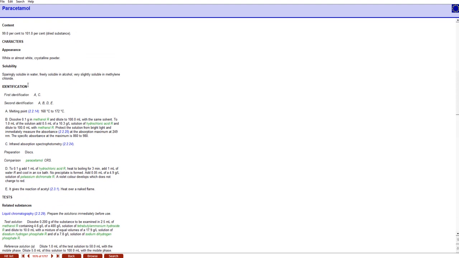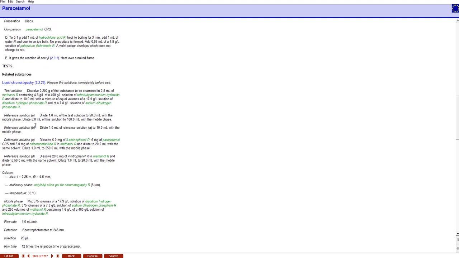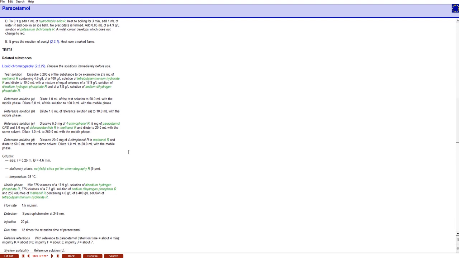And here, how to identify the drug, and then how to test the impurities and how much these impurities can be in the raw material. It tells you, for example, there should not be more than 0.1% of this material in the raw material.